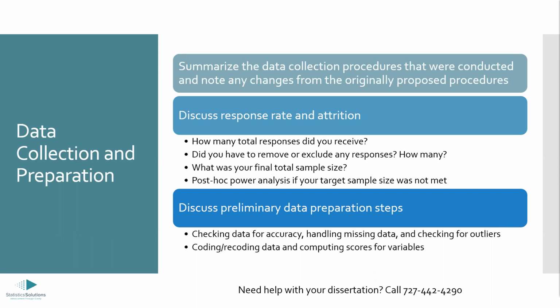So you may run into issues as you're doing your data collection, so you may have to change things about your procedures. Maybe you ended up having to sample from a different population than you originally intended, or use a different sampling method, or maybe some measures or variables that you originally intended to measure you weren't able to measure, or if you're using archival data, maybe some variables or measures weren't available to you that you originally thought there were going to be.